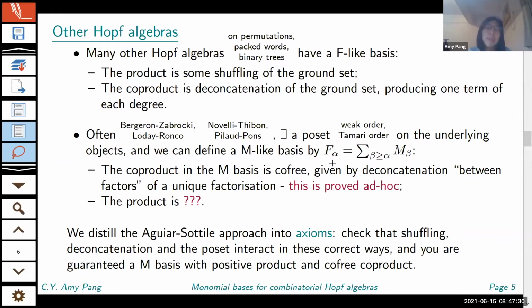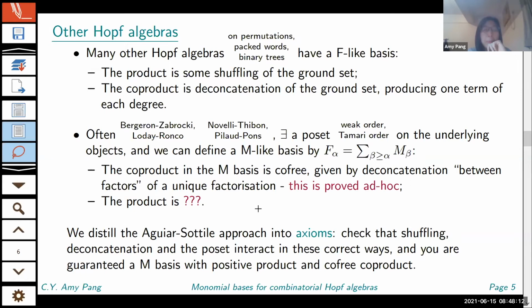This defines a fundamental as a sum of monomials, but you can do Mobius inversion on this formula because it's a triangular formula, and so that will allow you to inductively define what the monomials are in terms of the fundamentals. Then all these various people, in their various different Hopf algebras, prove that the coproduct in this monomial basis is cofree. That means they actually find the unique factorization of those combinatorial objects.